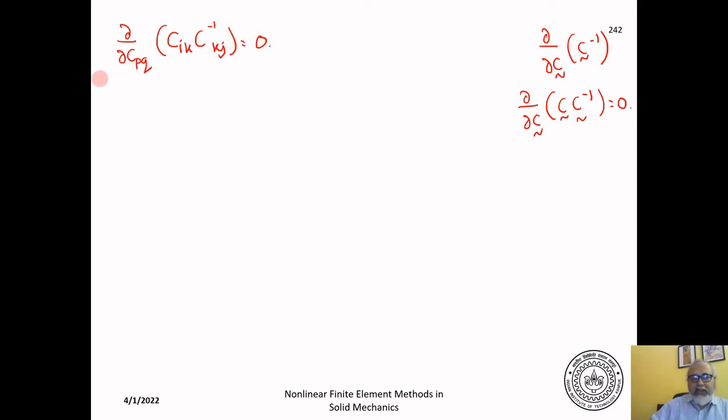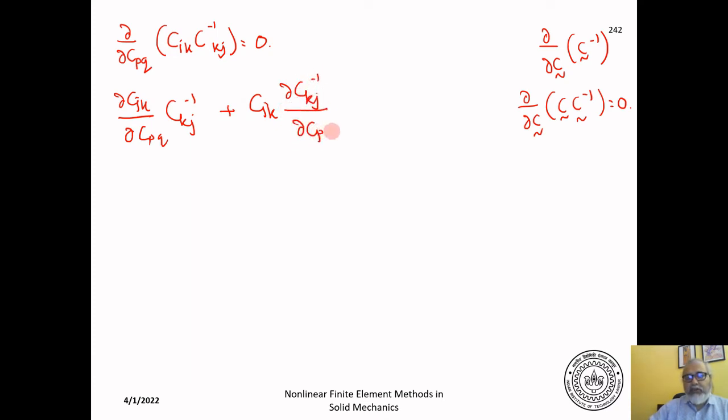And taking the derivative, we have del C IK del C PQ times C Kj inverse plus C IK del C Kj inverse by del C PQ is equal to 0, and this is what we want to find, so we can take it to the other side and write it as equal to minus of this.